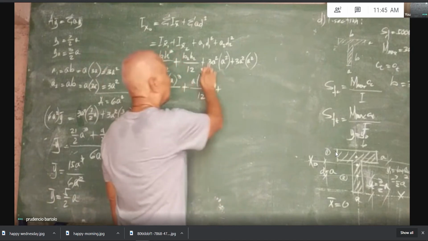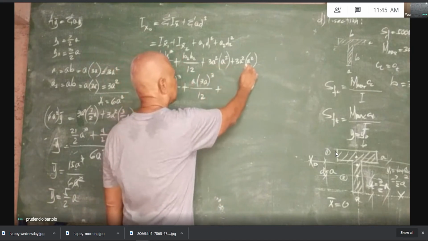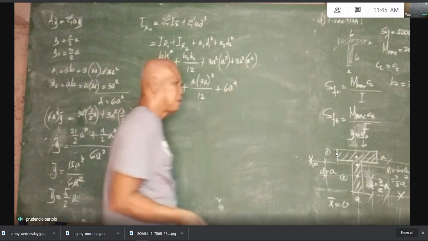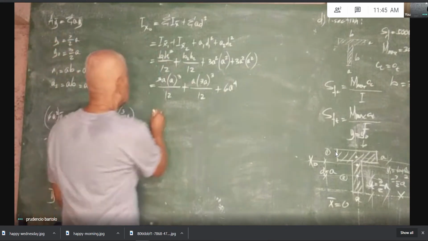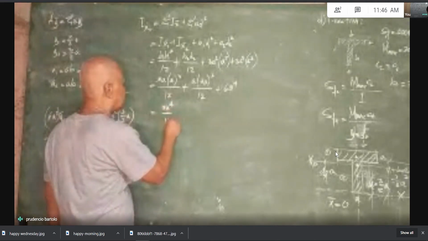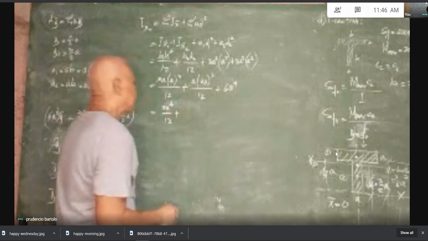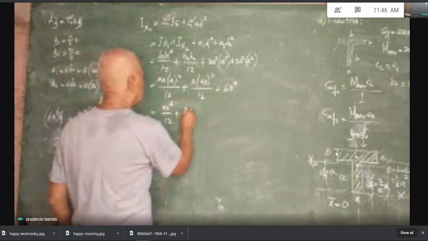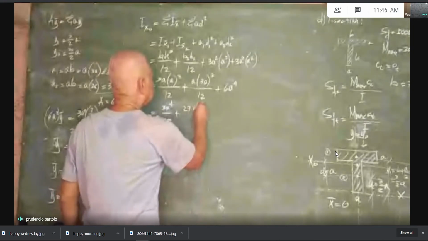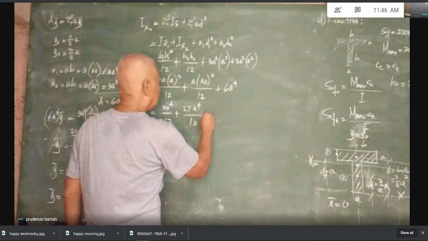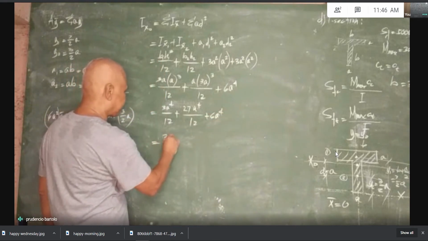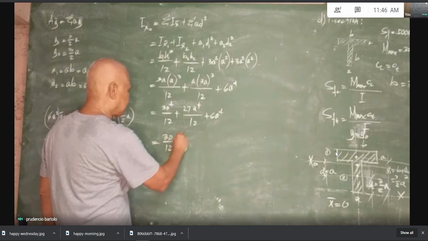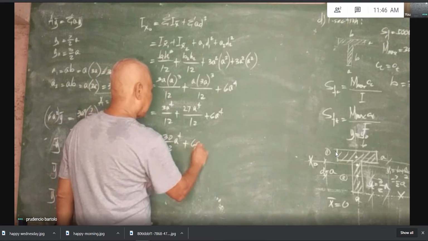Plus 3A to the 4th, 3A to the 4th, or 6A to the 4th. So this will be equal to 3A to the 4th over 12 plus, that is 27, 27A to the 4th over 12 plus 6A to the 4th, or that is equal to 30 over 12 A to the 4th plus 6A to the 4th.